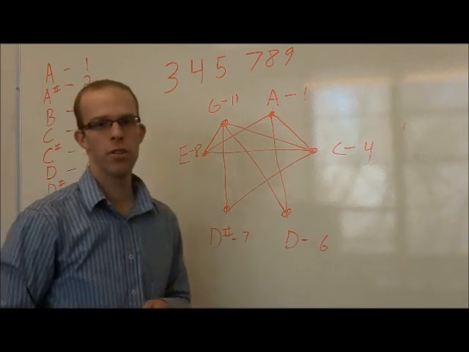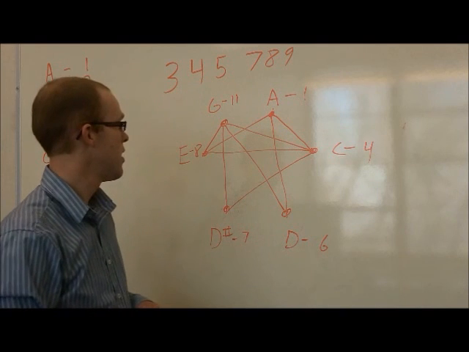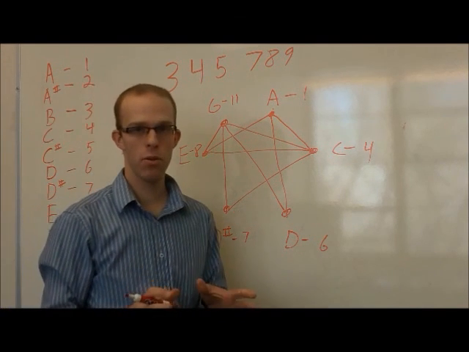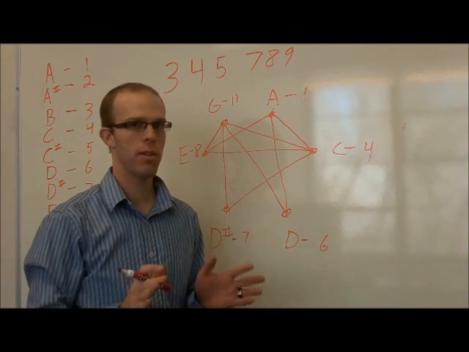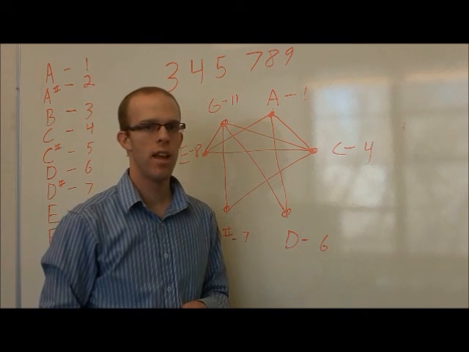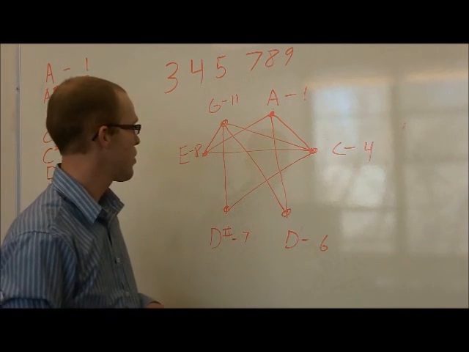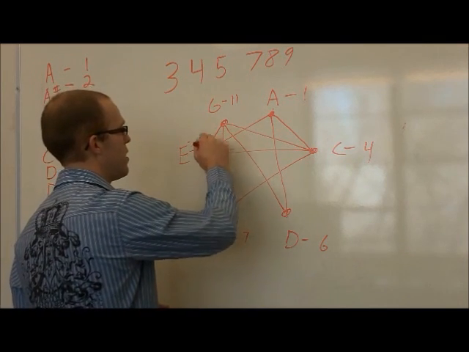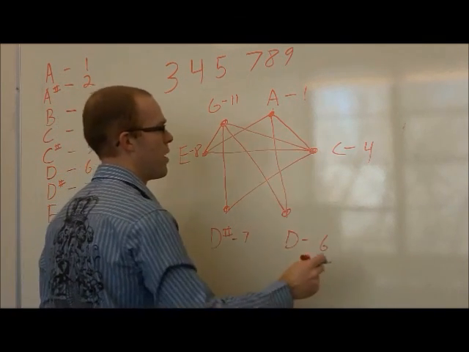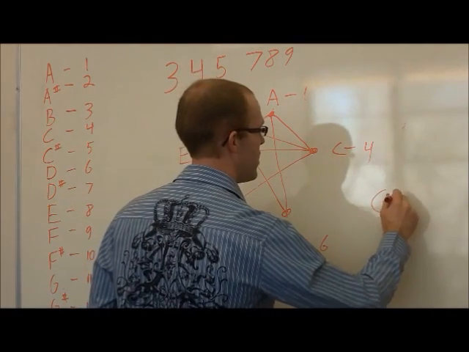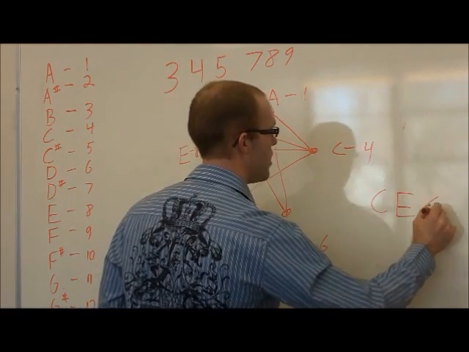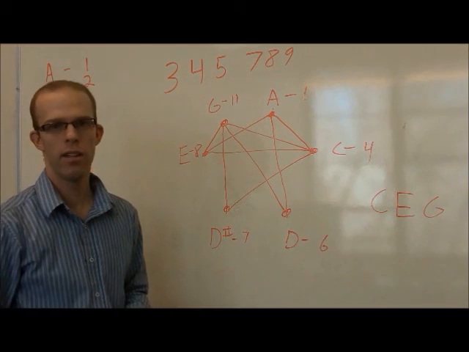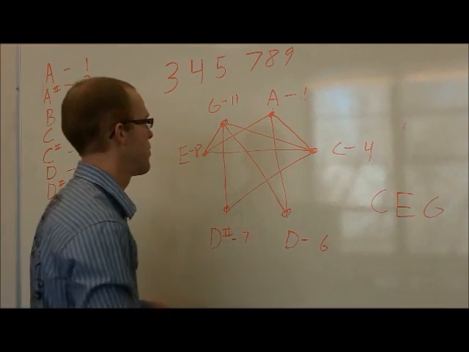So, the picture looks a little bit different in this case, but the same rules apply, where we simply find a triangle and that creates a chord. So let's take a look. We have, for example, E, G, and C. Typically, C, E, and G create one of our harmonic chords.